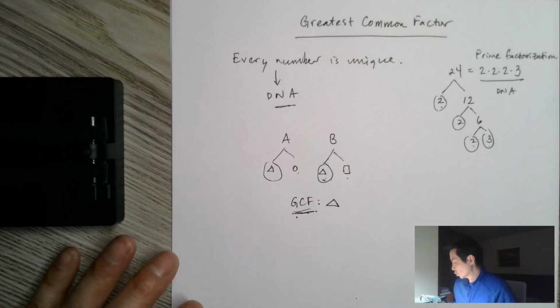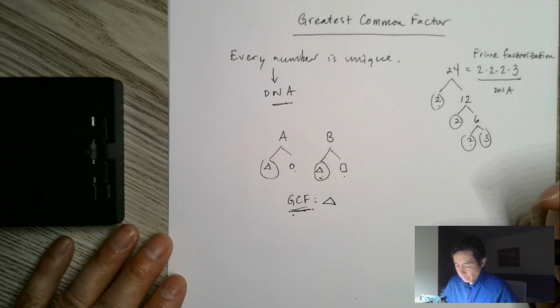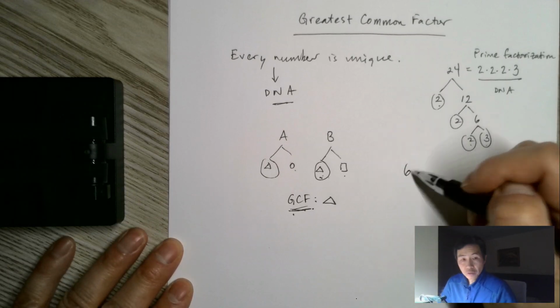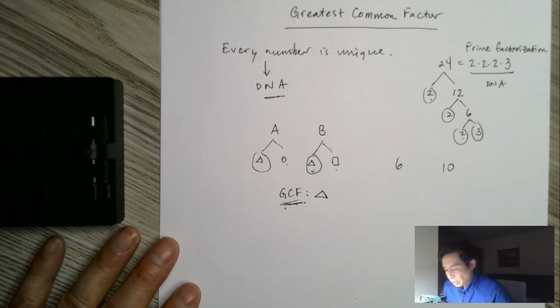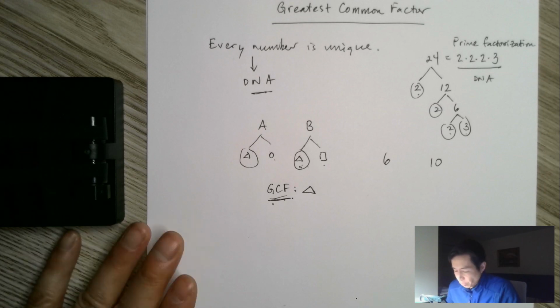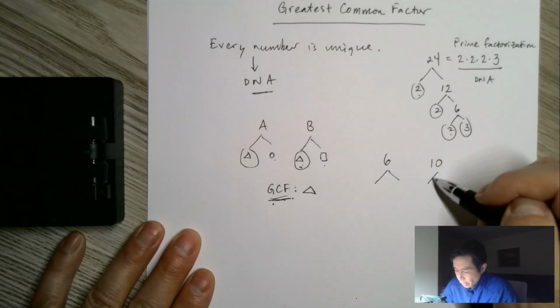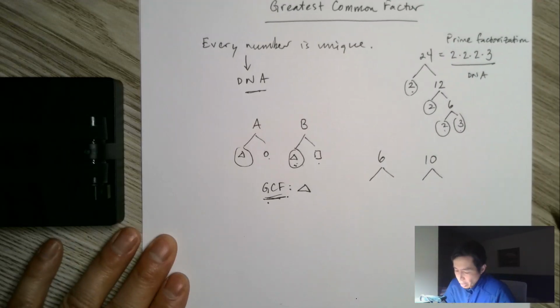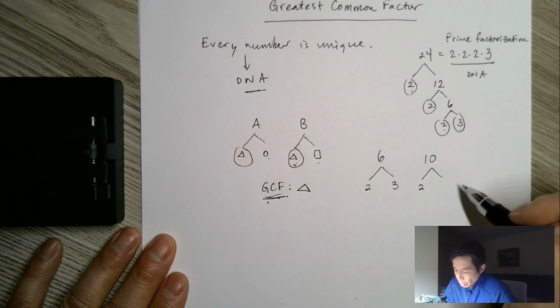So let's do an example here. Let's find the GCF of 6 and 10. This is a simple example that you could probably do in your head if you've ever found GCF before, but I want to show you that the factor tree does work. So I prime factorize 6 and 10. 6 is 2 times 3. 10 is 2 times 5.